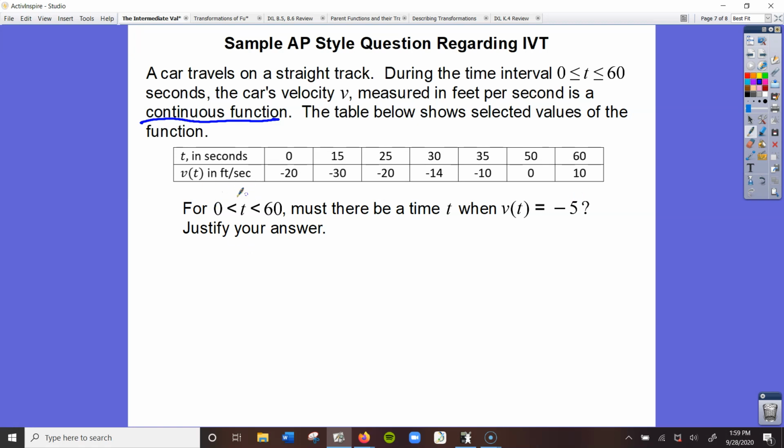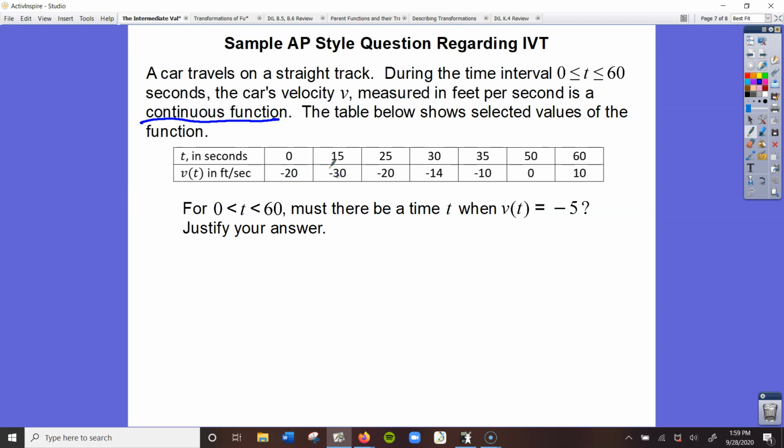For t between 0 and 60, must there be a time t when v of t is equal to -5, and then we're going to justify. So this is like our f of c. We want to see between what two velocity values -5 lies.